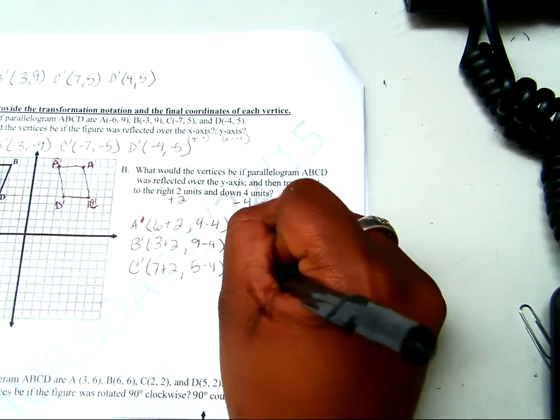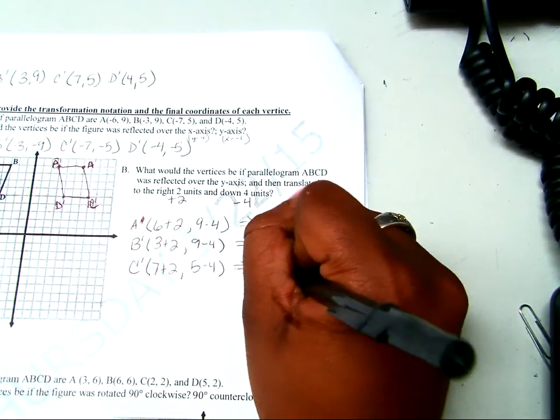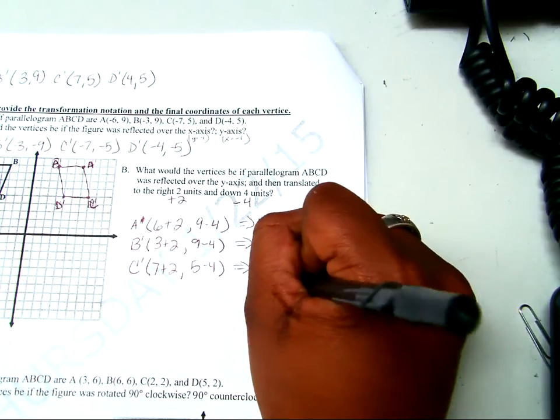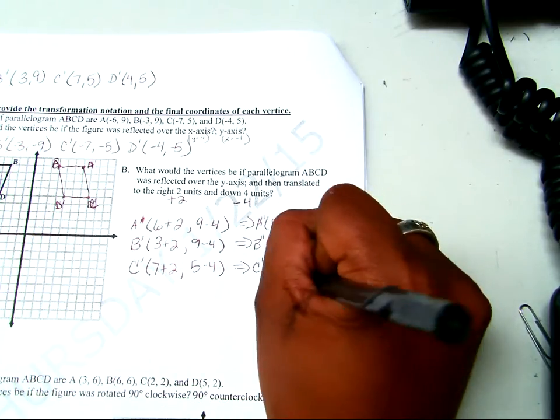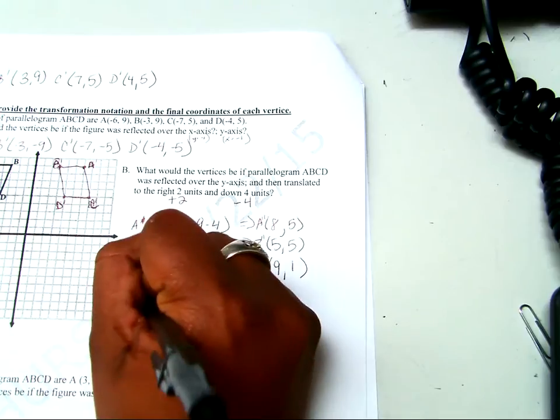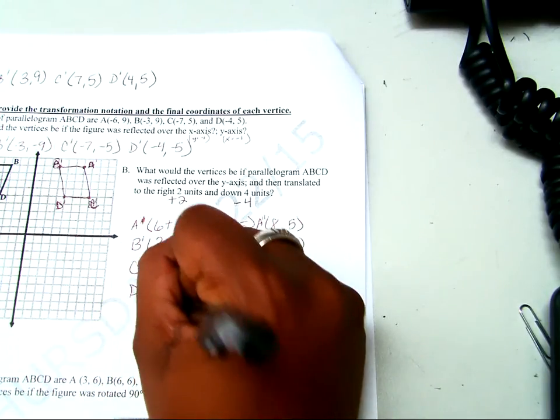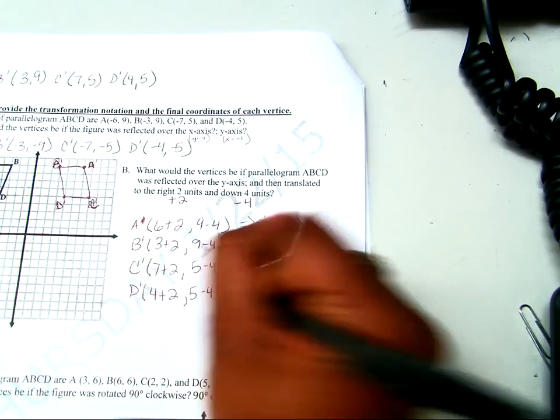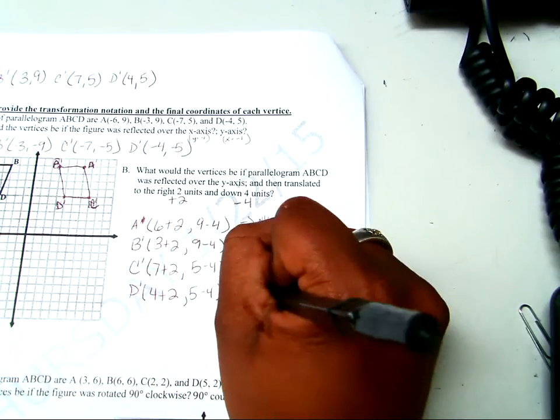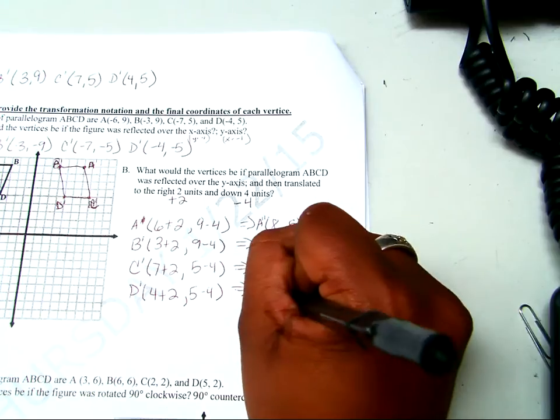C prime prime is 9, comma, 1. And D prime, we have 4 plus 2, comma, 5 minus 4. D prime prime is 6, comma, 1.